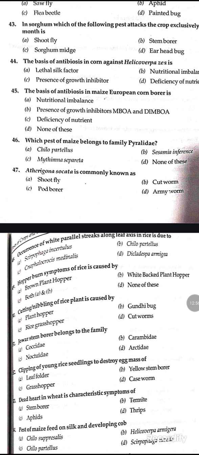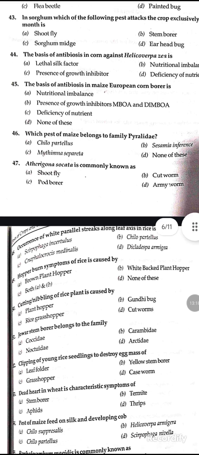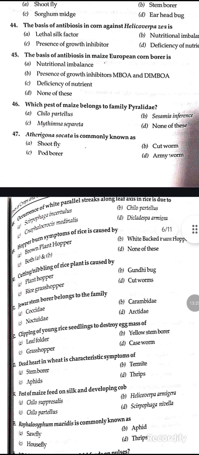Hopper burn symptom in rice is caused by brown plant hopper, also white backed plant hopper, BPH and WBPH, so both. So it is 49C.